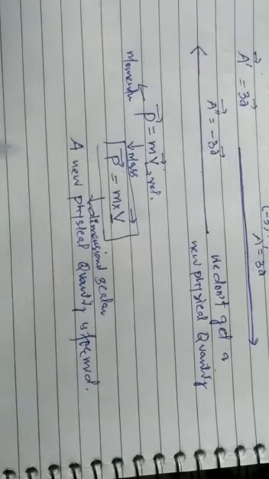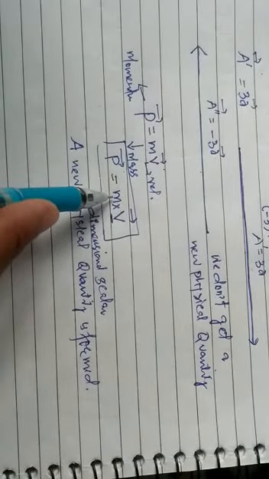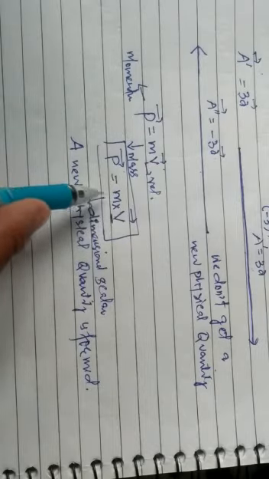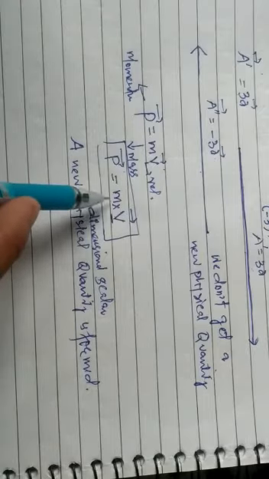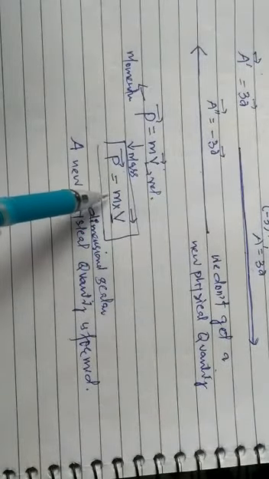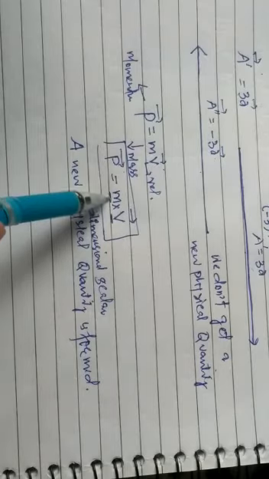When is it formed? When a vector is multiplied by a scalar. Here, both are scalars, but you multiply the vector with a scalar which has dimensions.